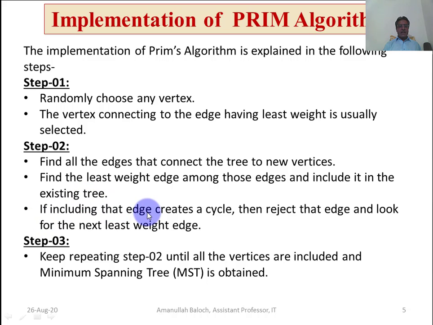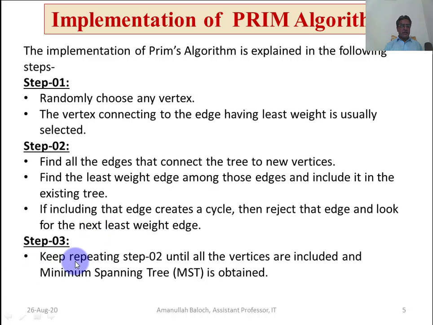If including that edge creates a cycle, then reject that edge and look for the next least weight edge. We have to break the cycle. We will ignore those edges which will create cycles, and will include the remaining edges. If it is a light edge but it is creating cycles, we will ignore and reject it.